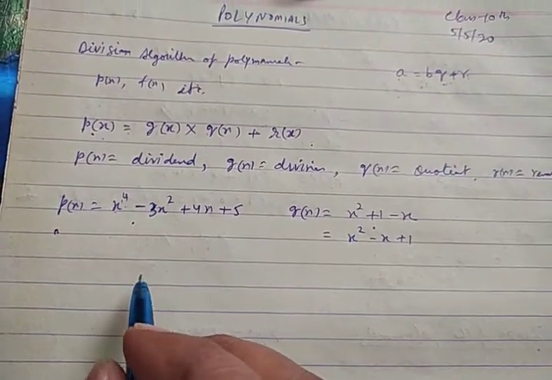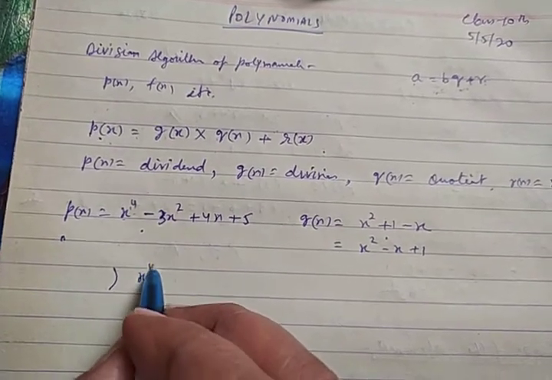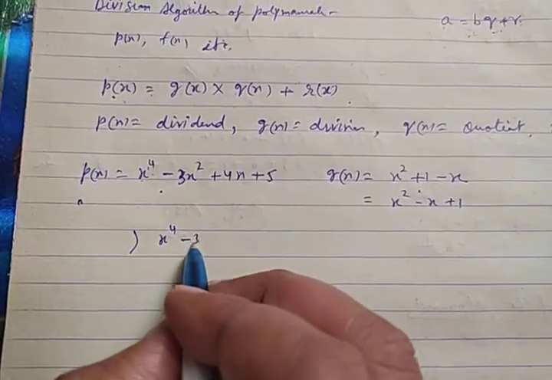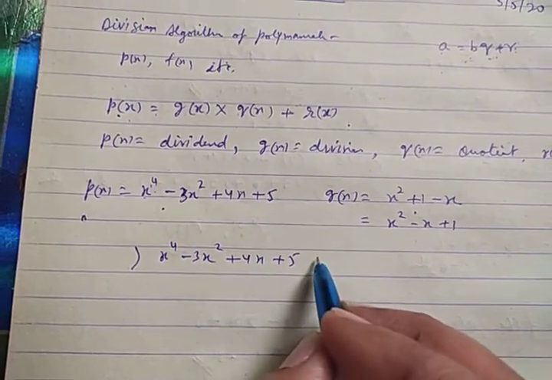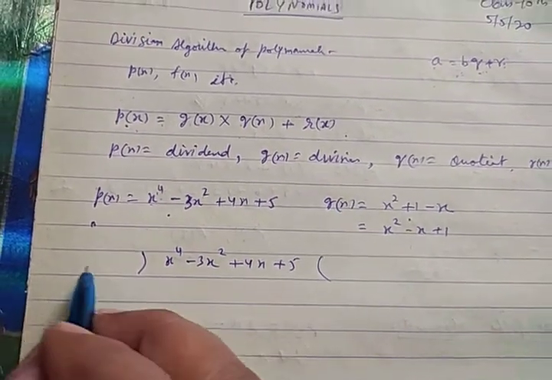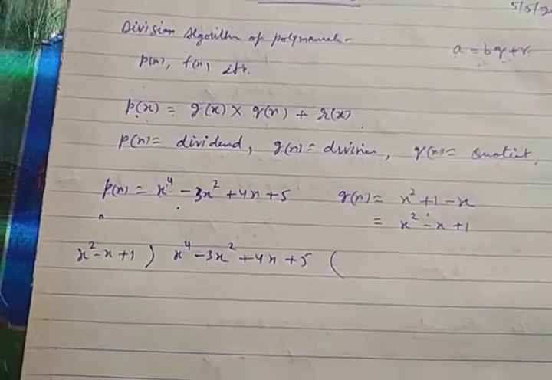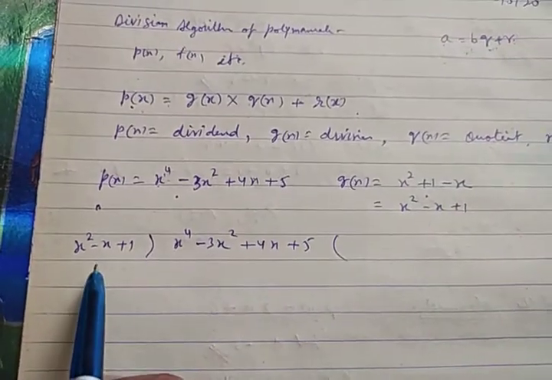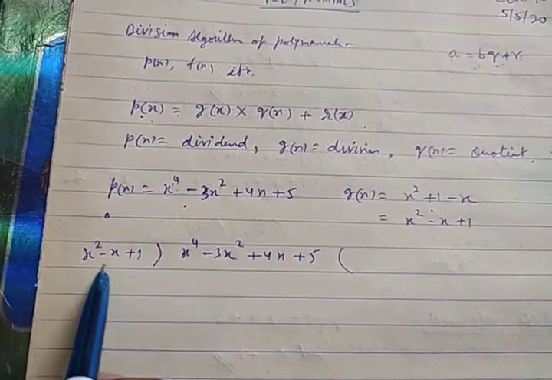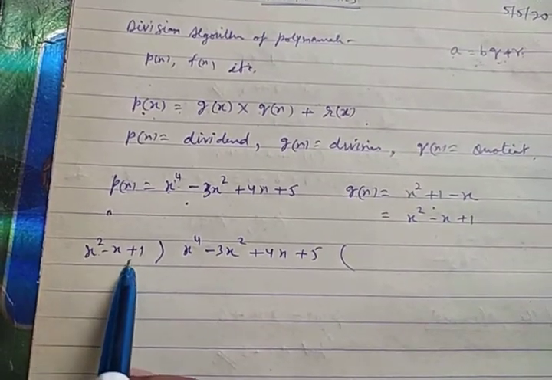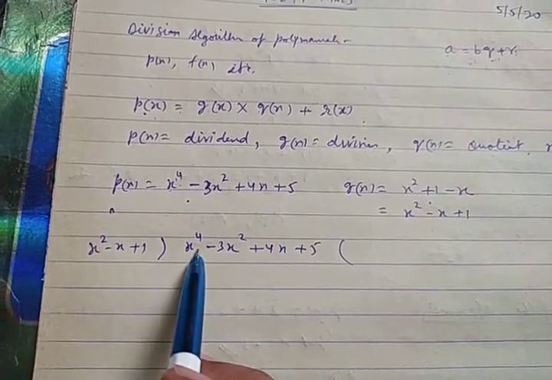In the proper division format, you will write x^4 - 3x^2 + 4x + 5, and by which you have to divide, place here x^2 - x + 1. Now you have to find by which term you multiply this. For this you consider that the first term must match.